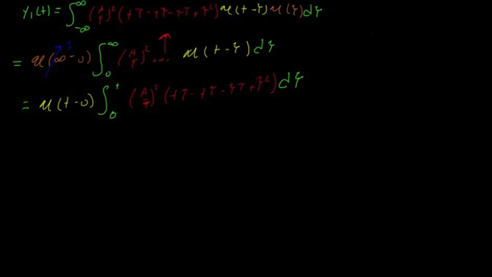So finally, u of t minus 0 is just u of t.